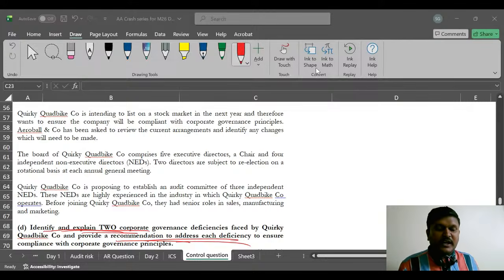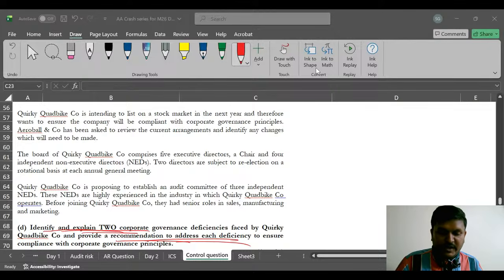Okay, yes, Deepak, I'll consider that deficiency relating to the balance of the board. Presently, the board consists of 5 executive and 4 independent non-executive directors over there. So, what will we consider over here? What is the problem over here?